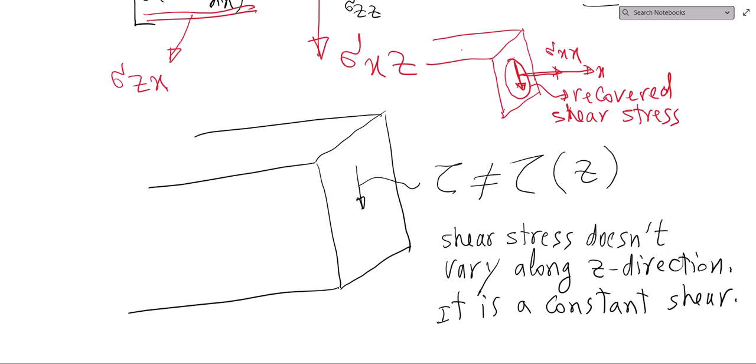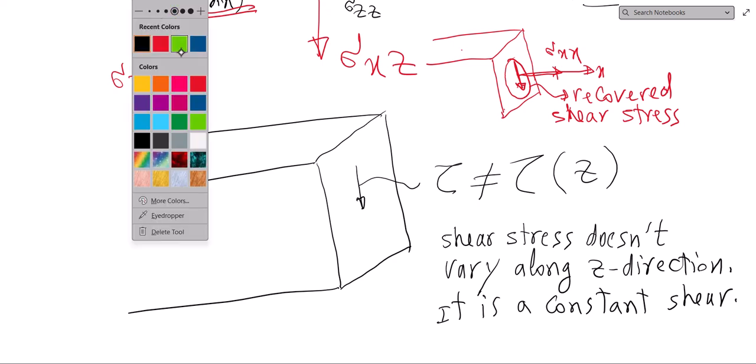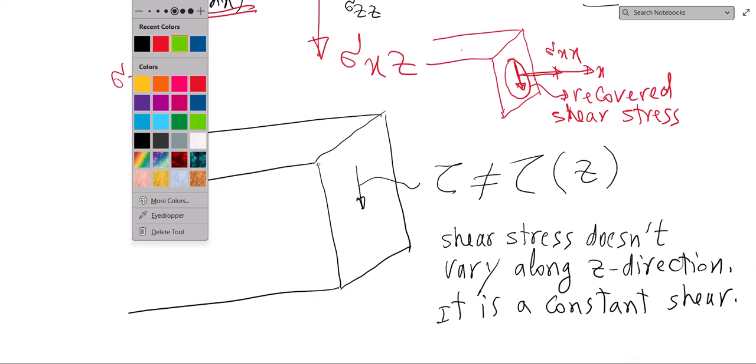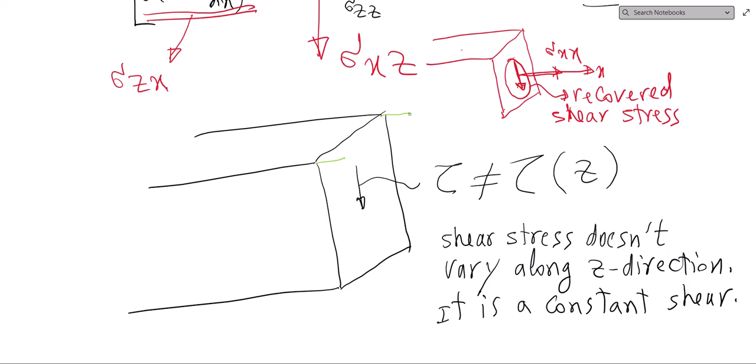What it means is that if I want to draw this, maybe I pick up another color here. So it has some value here, and then it goes down to a constant. If I just draw the magnitude, maybe I draw it this way. So everywhere you have the same shear.